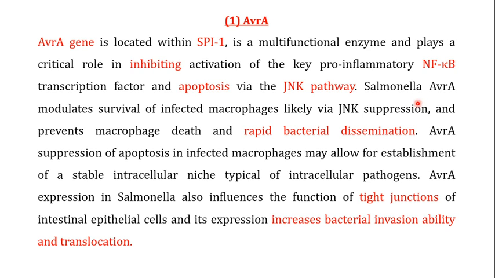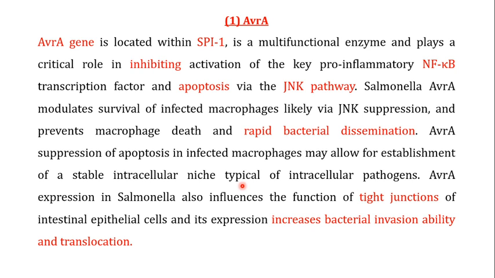Now, the Salmonella AvrA modulates survival of the infected macrophages, likely through JNK suppression, and prevents macrophage death and rapid bacterial dissemination. Now, this AvrA suppression of apoptosis in infected macrophages may allow for establishment of a stable intracellular niche typical of intracellular pathogens. So, when it is inhibiting the apoptosis of these macrophages, it can actually establish itself inside the infected macrophages.